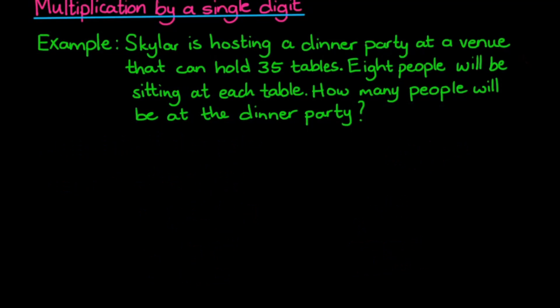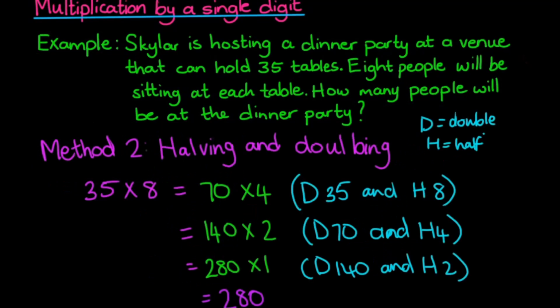So the second method that we'll be using today is known as the halving and doubling method. So in this method, I'm going to keep on doubling the 35 and I'm going to keep halving the 8. So 35, I doubled 35 in the first line and I halved 8. So I ended up with 70 multiplied by 4.